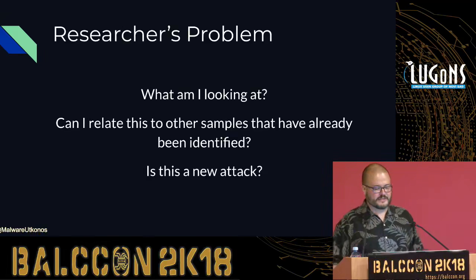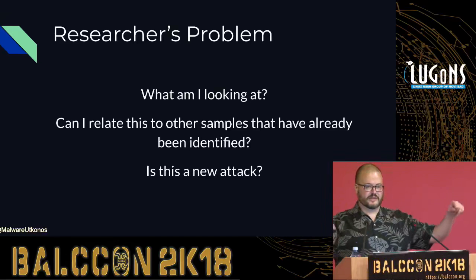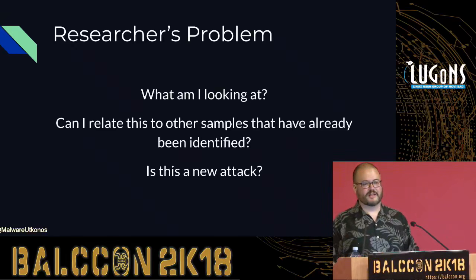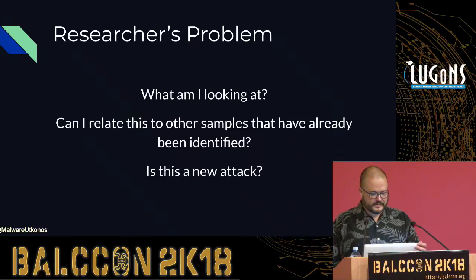And one of the things they need to do is to relate the sample that they're looking at to additional samples related in different ways, so that they can potentially identify that through previous identifications of older files or older samples. And then, one of the things you really want to figure out is, is this something unique? Is this something new? Is this something that no one has seen before? Something that you haven't encountered before?